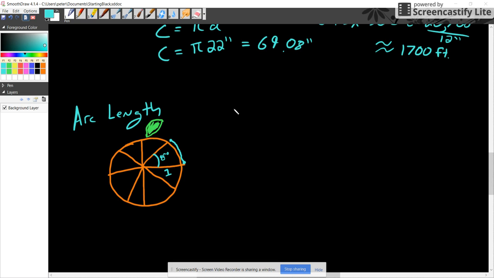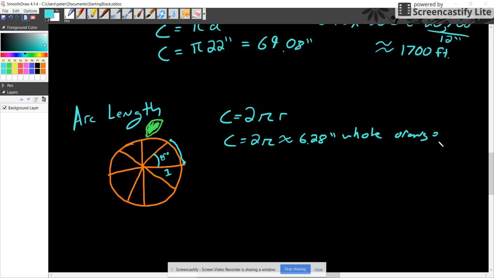Well, let's say I walk around the whole orange. That's circumference. We know circumference has a formula of 2 pi r, and my r is 1. So my circumference in this case is 2 pi, which is approximately 6.28 inches. That's the whole orange circumference.